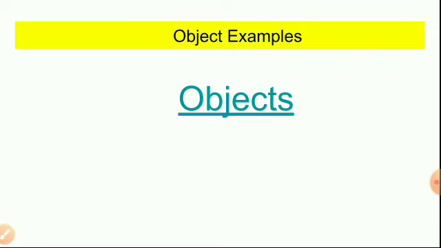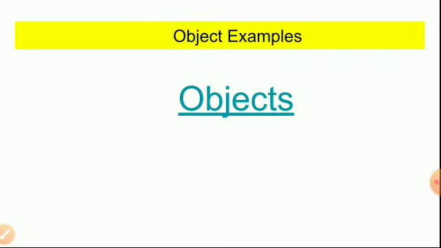Then you need to identify its attributes, and you also need to identify its behavior. As we discussed earlier, every object will have certain actions, right? So two things, attributes and behavior, you have to identify. Let's look at a few examples.